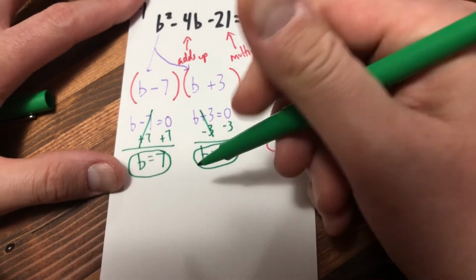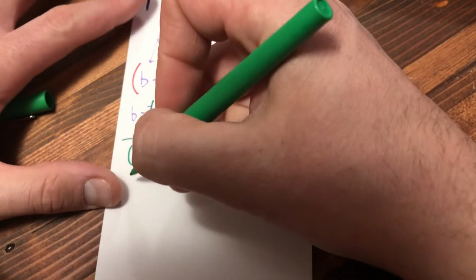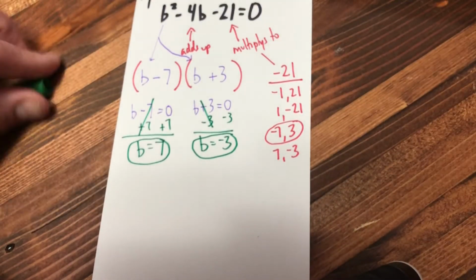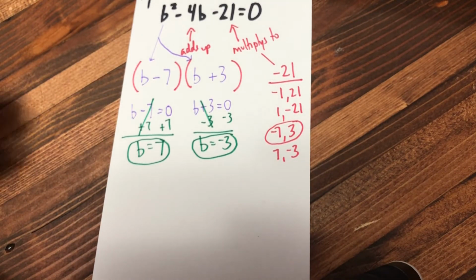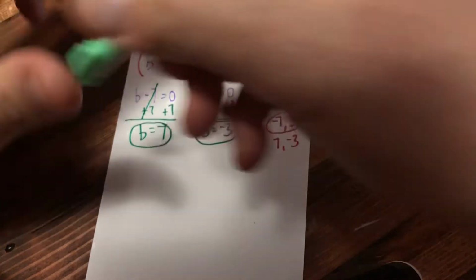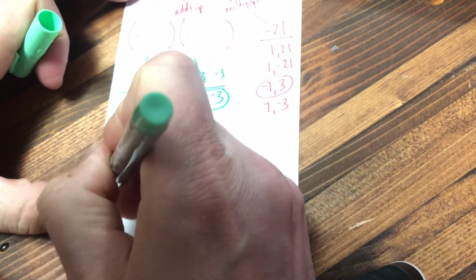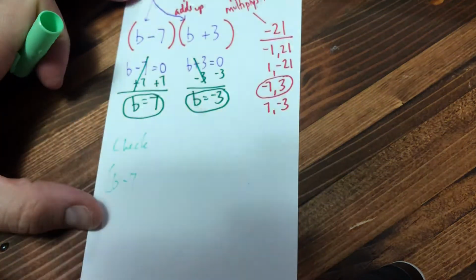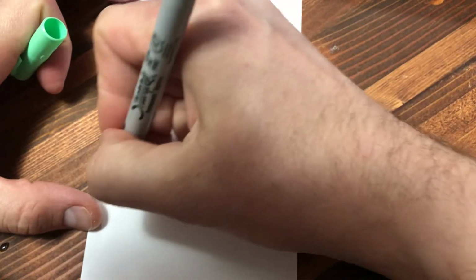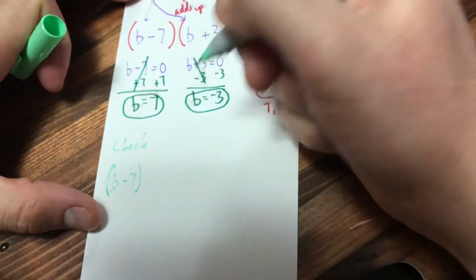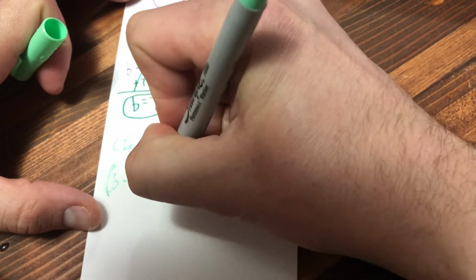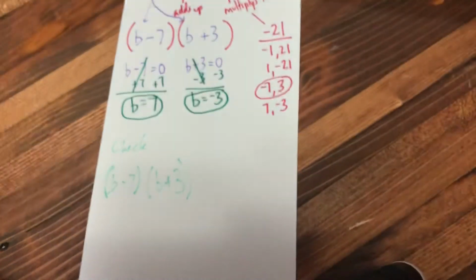Now just to check, just because I like to be kind of wild like this, let's check it out. If I was to do a check for funsies, my check would say, let's do that b minus 7 and b plus 3. That's hard to see right there.